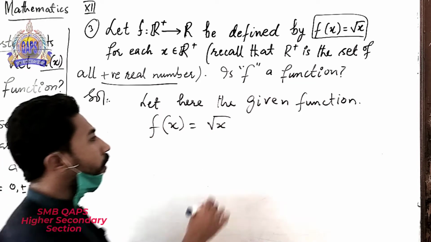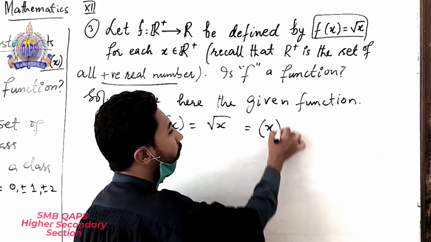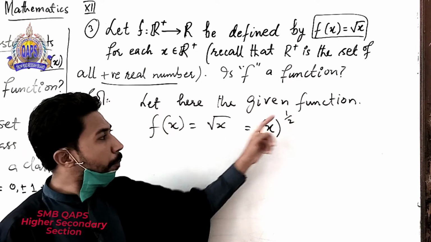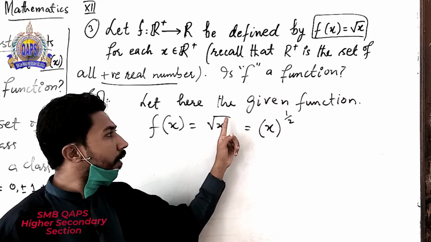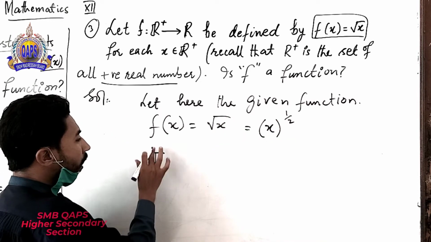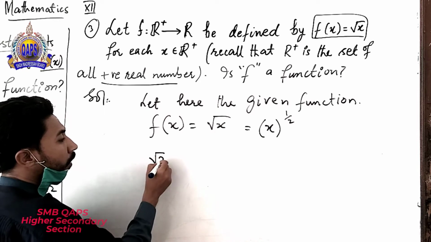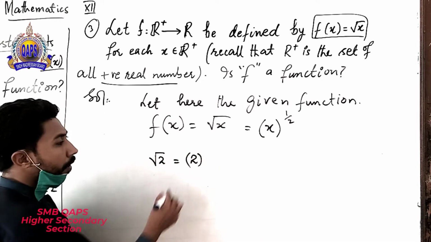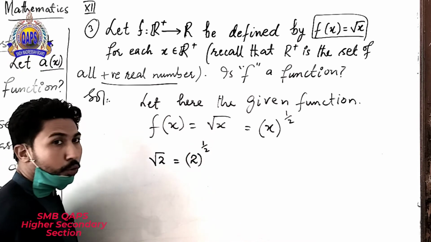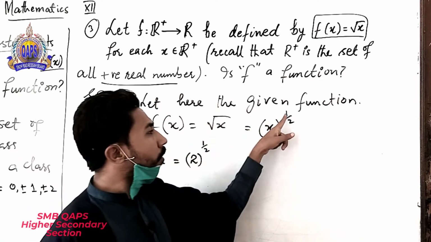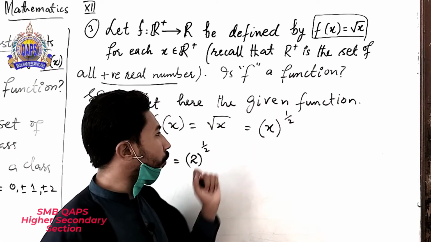Basically radical x can be written in the form of x raised to the power 1 upon 2, because a radical means the power 1 upon 2 is used here.